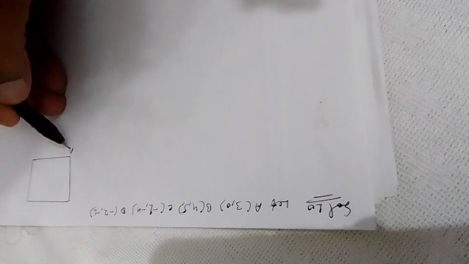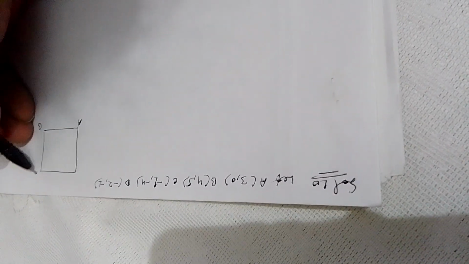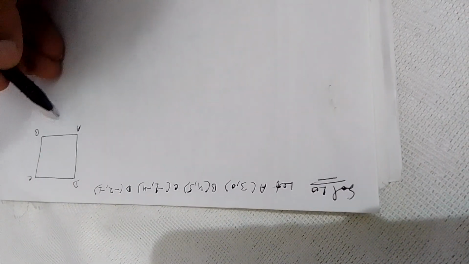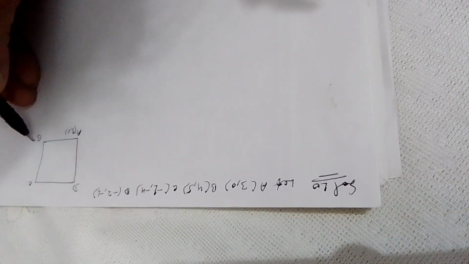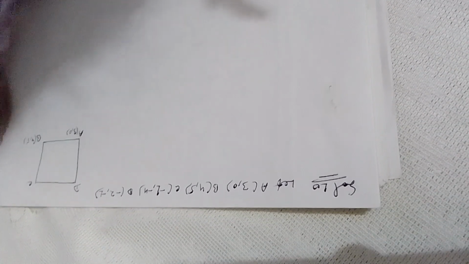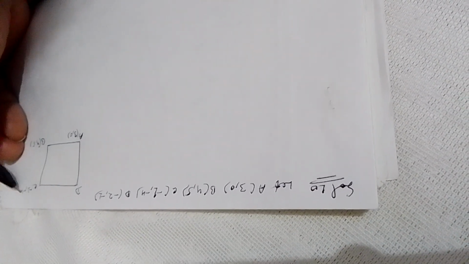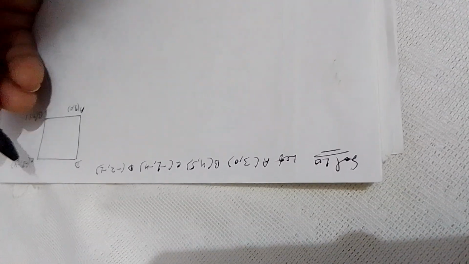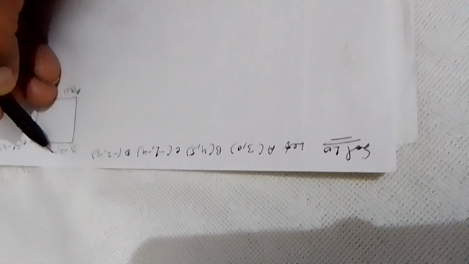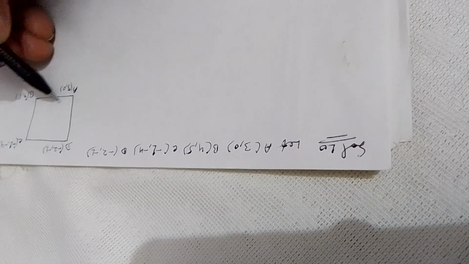Here A is 3, 0, B is 4, 5, C is minus 1, minus 4 and D is minus 2, minus 1. So this is the rhombus.